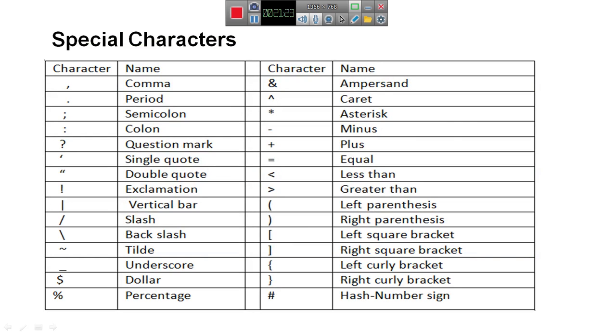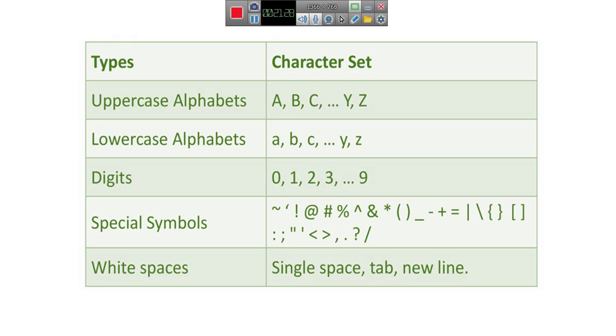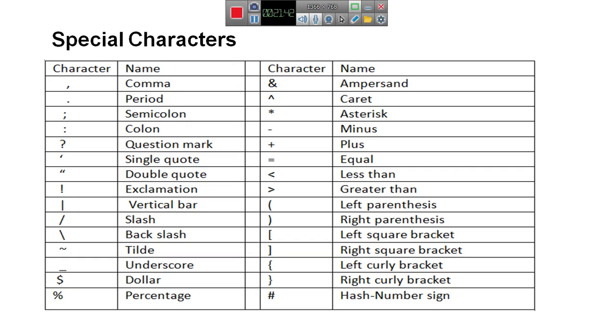And special characters. These are the special symbols. I will explain these special symbols one by one in a separate chart or separate diagram for better understanding.